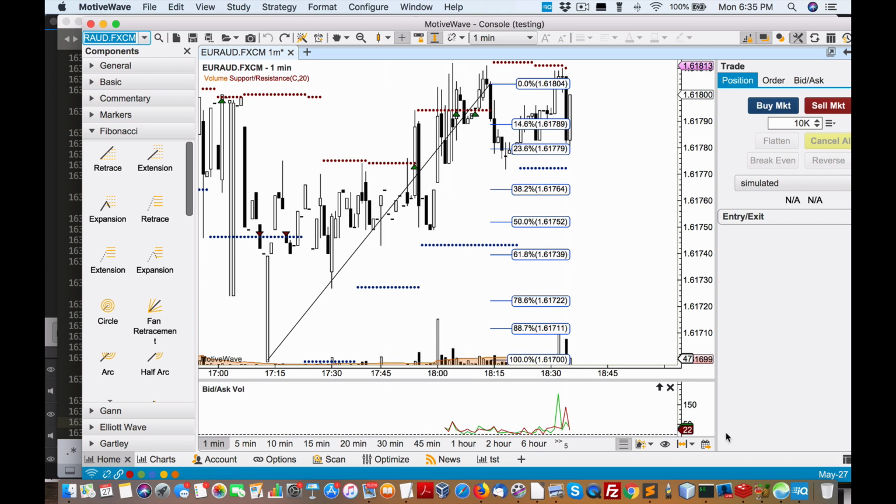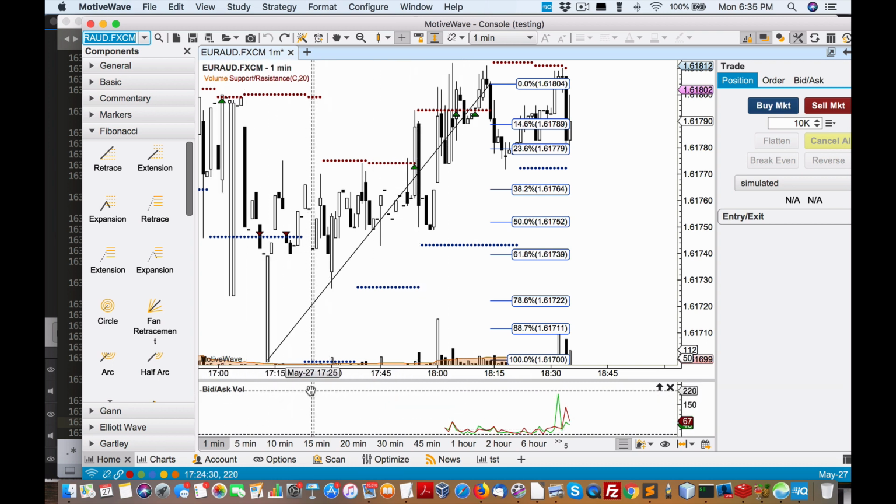But this is tough. We have our support here, resistance here, on these moves here. This is confusing. But we can definitely use the crosses, the bid and ask volume, to kind of at least gauge it one or two bars ahead on the next move. That seems pretty definite. All thanks to MotiveWave.